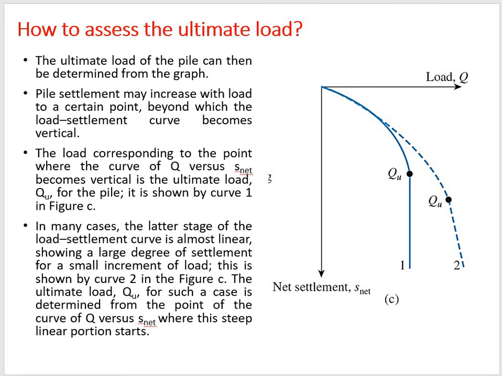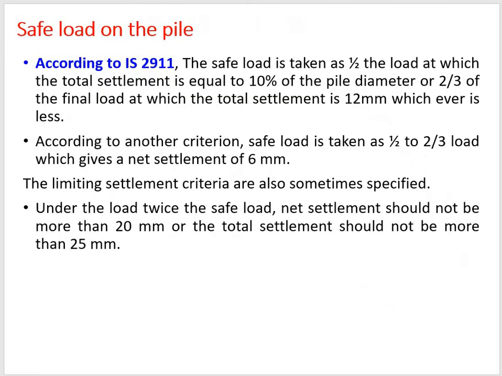Now how do you take the safe load? There is a codal provision according to IS 2911. The safe load is taken as half the load at which the total settlement is equal to 10% of the pile diameter. So you take half the ultimate load and check the settlement for it, whether it is equal to 10% of the pile diameter.